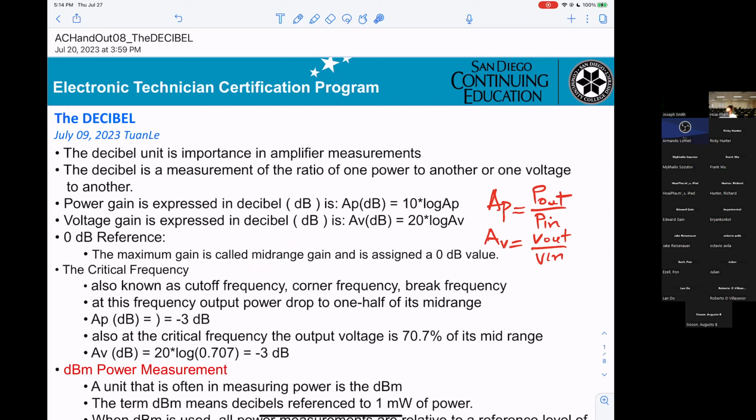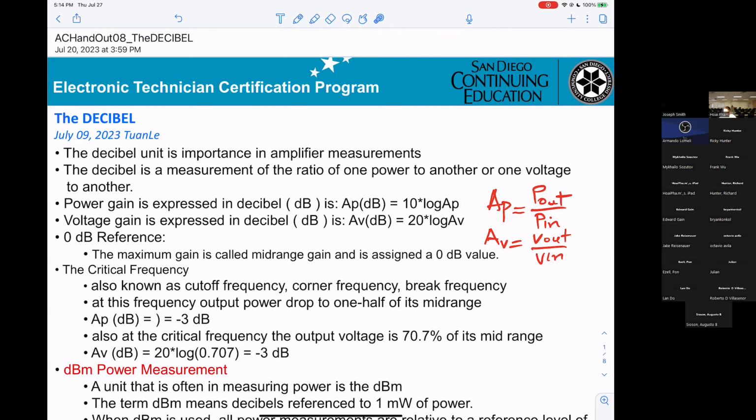We'll be going into a little detail on that. Now we're talking about critical frequency. They have different names, but do the same thing.